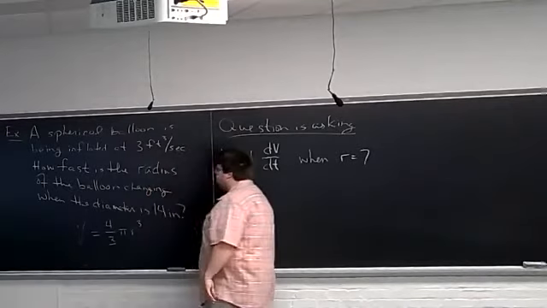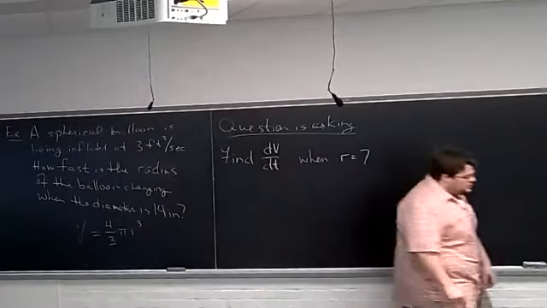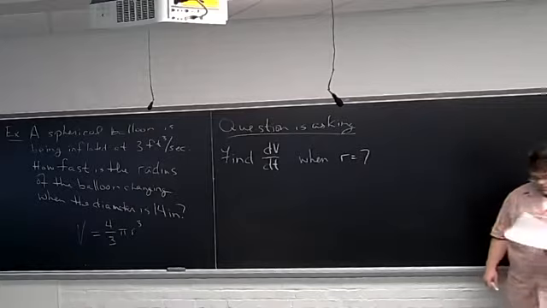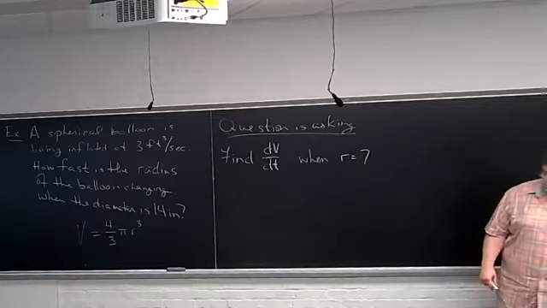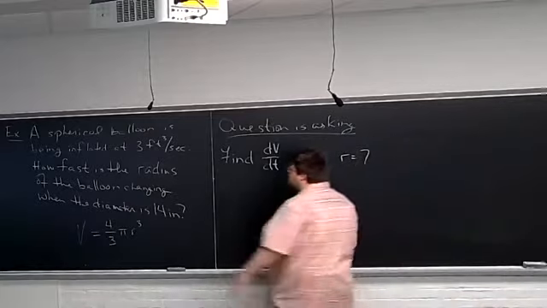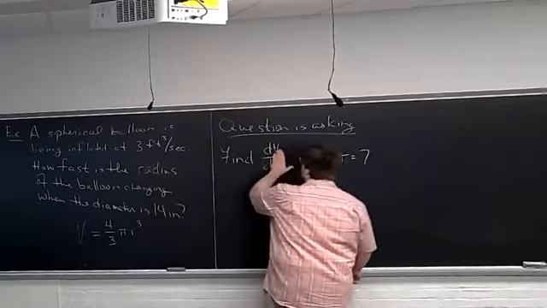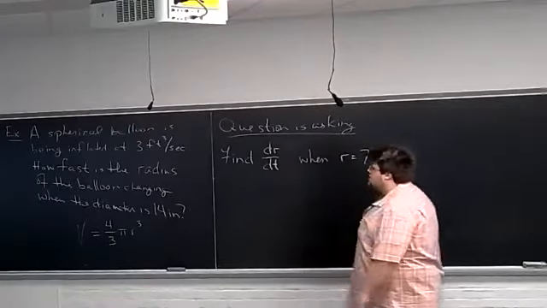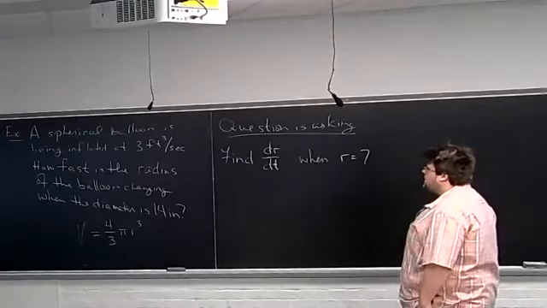I should read the problem when I'm writing instead of just writing off the top of my head. Okay, how fast is the radius changing is what the question says. Right here, we're given how the volume is changing. So the way it was written didn't make sense.